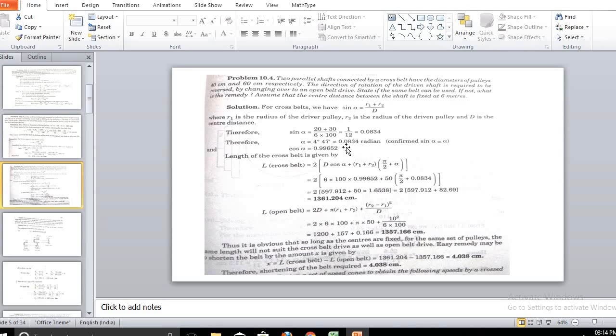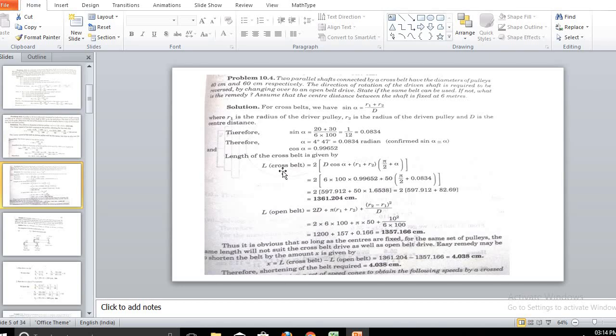In terms of radians, it is 0.0834 radian. This alpha is very small, so sin alpha and alpha are the same. And cos alpha is now this much.